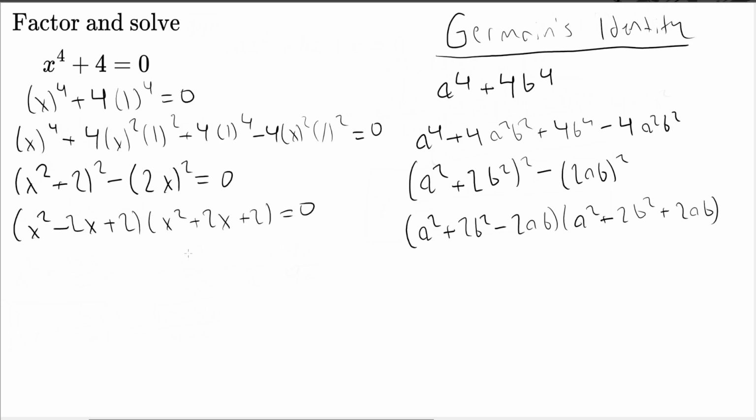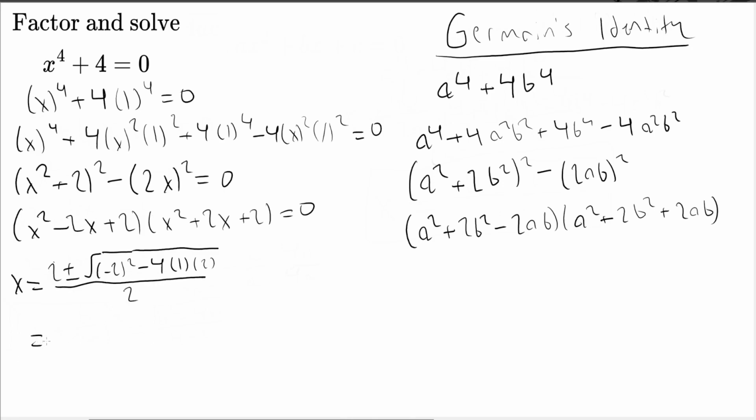So now we can use the quadratic formula to get our final 4 solutions. So we have x equals negative b plus or minus the square root of b squared minus 4ac over 2a.